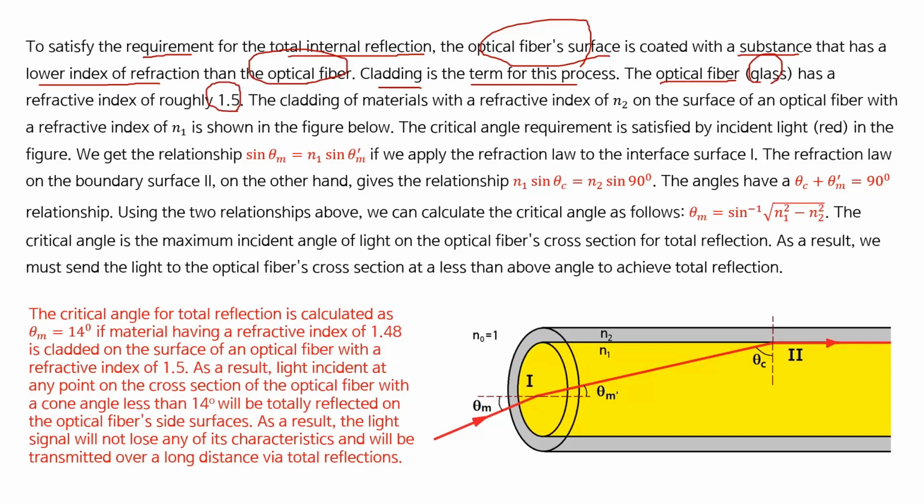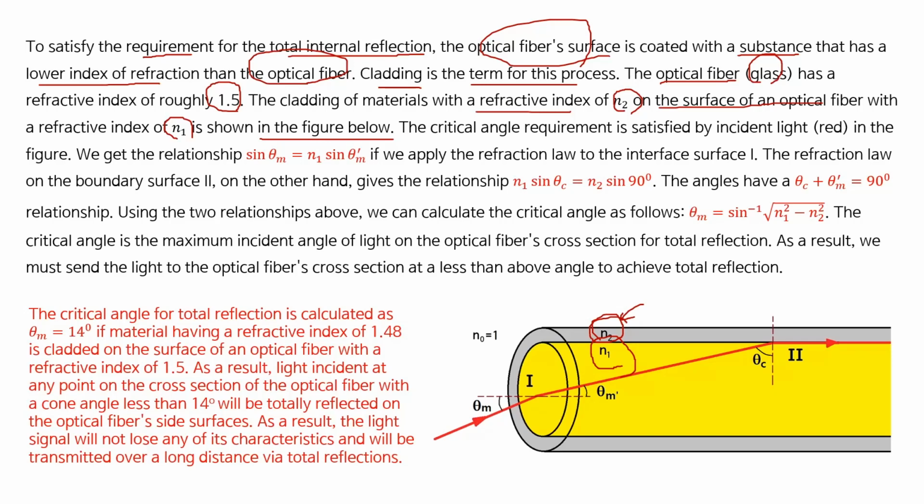The cladding of material with a refractive index of N2 on the surface of the optical fiber with a refractive index of N1 is shown in the figure below. So this is the optical fiber, and on its surface, the cladding material, the N2 material, is coated.